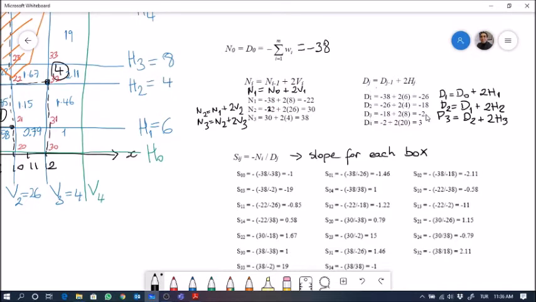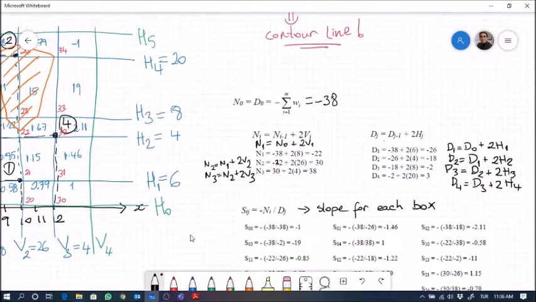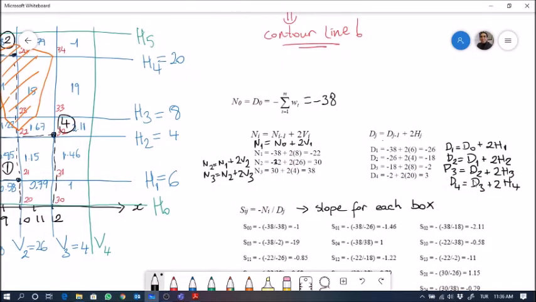So D3 will be minus 2. And lastly, D4 is equal to D3 plus 2 times H4. D3 we already calculated to be minus 2, and it will be added to 2 times the value of H4, which is 20. So 2 times 20, 40 minus 2, it should be 38. So there's a typing mistake here, I corrected it as well.